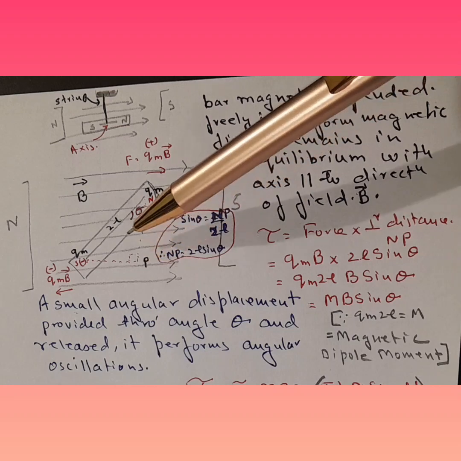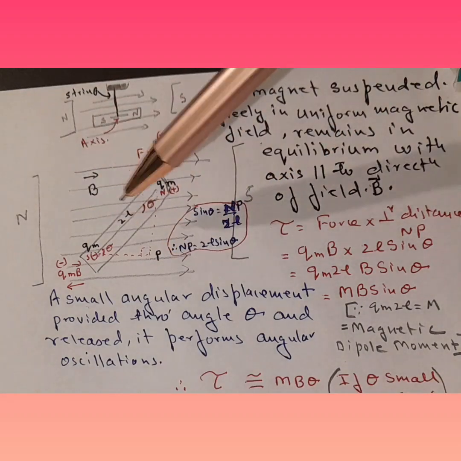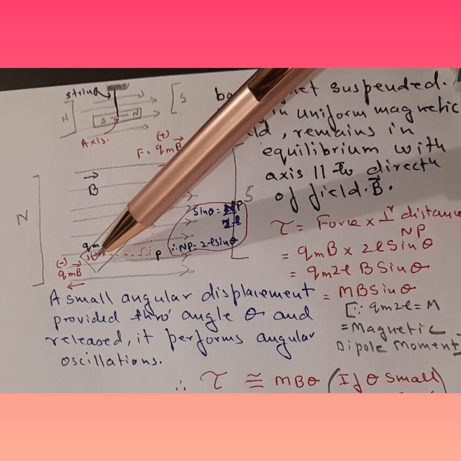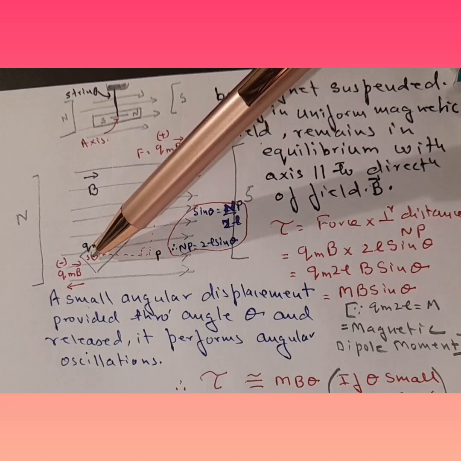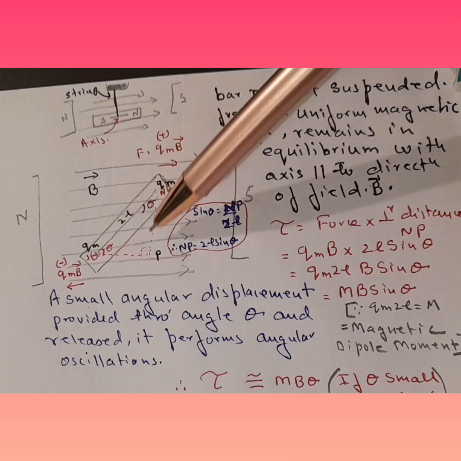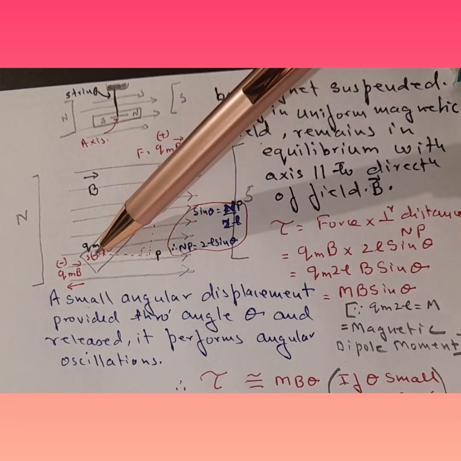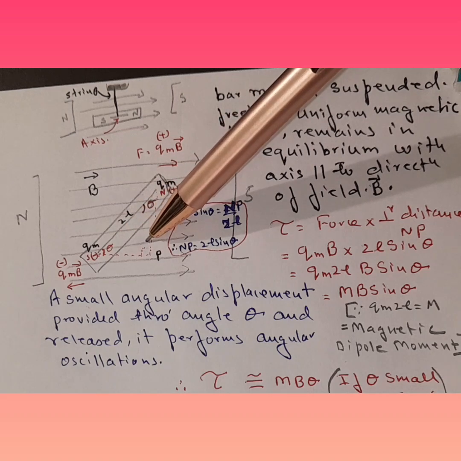So how do you find it? Since this angle is theta, this angle also has to be theta. Now let's try and understand this triangle that I have made. This line is parallel to the lines of force.